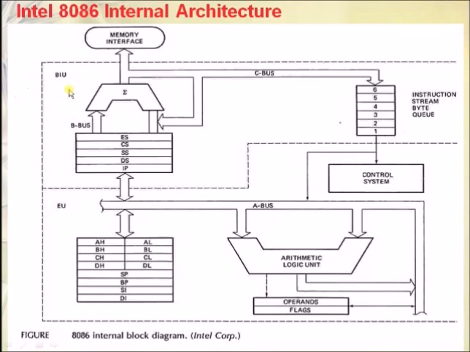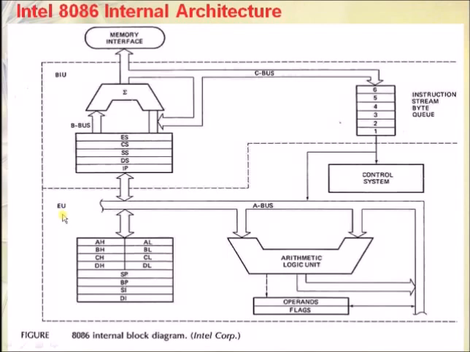Now this BIU contains this adder, which is called the address conversion mechanism adder, and some segment registers, and then the queue which we have discussed, that is the instruction byte queue, whose size is 6 bytes. As you can see here, 1 2 3 4 5 6. And there is a bus connecting all these blocks.